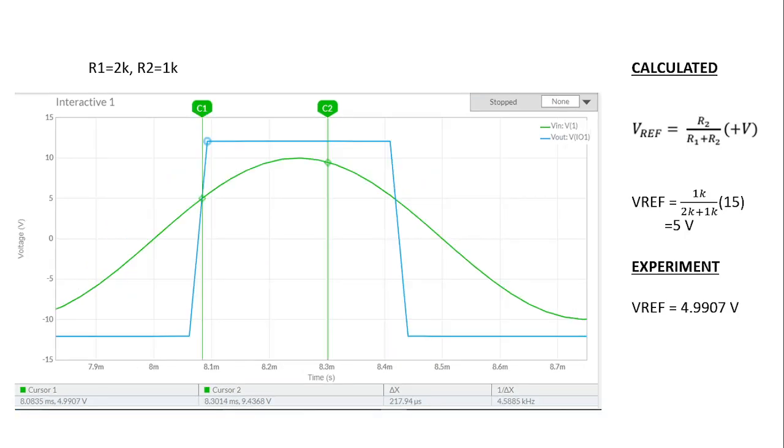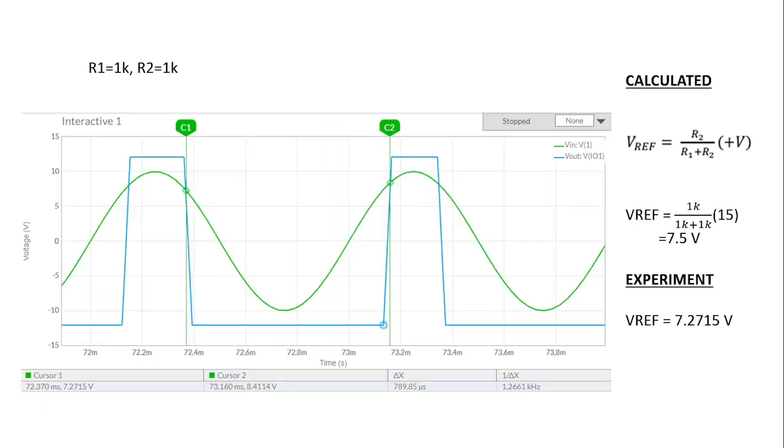Next, situation 2 is R1 equal to 2K, R2 equal to 1K. The calculation for this situation, we get 5 volt and the output voltage that we get from the result graph is 4.9907 volt. This is the last situation for part B, which is R1 and R2 equal to 1K.